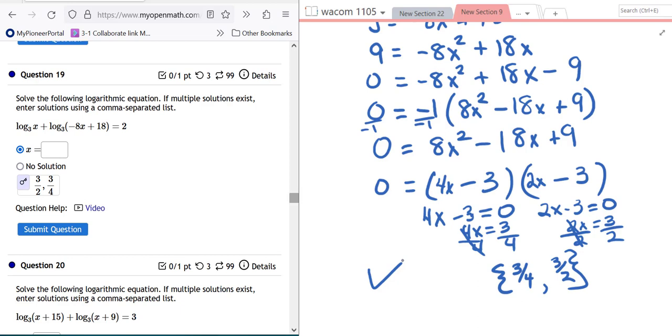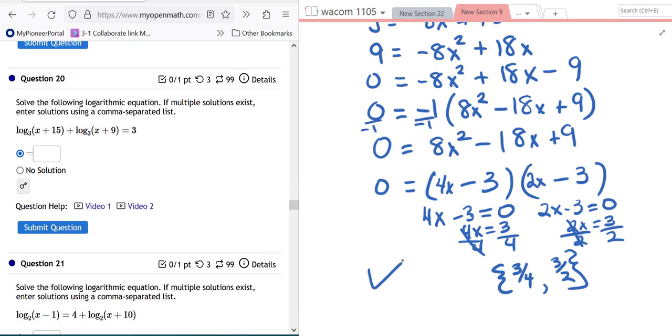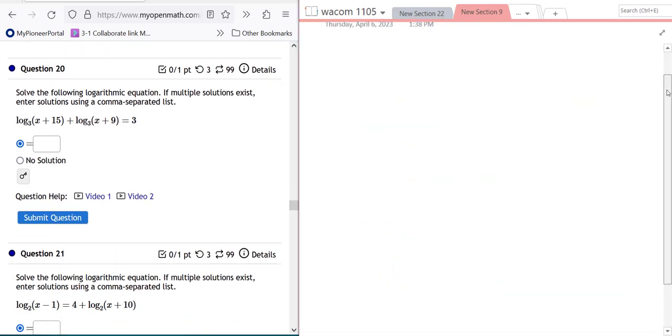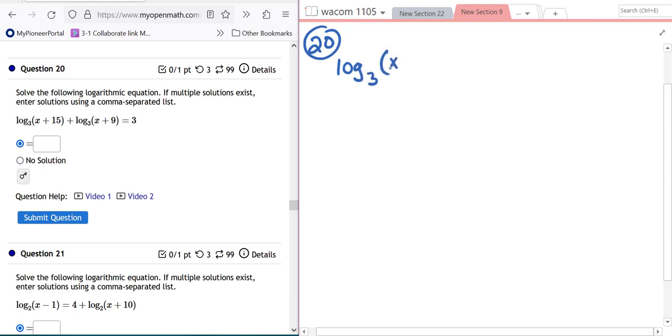And 20 I picked. This one also you're going to have to condense. So log base 3 of x plus 15 plus log base 3 of x plus 9 equals 3.